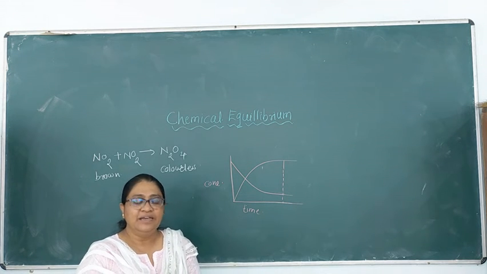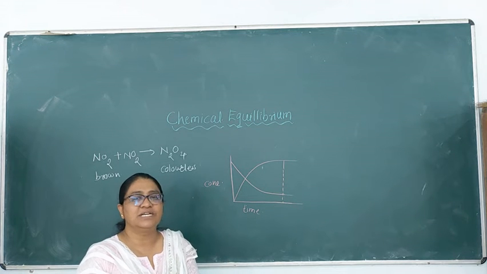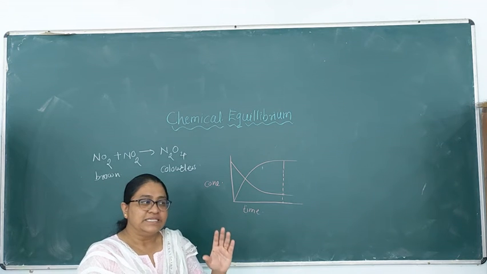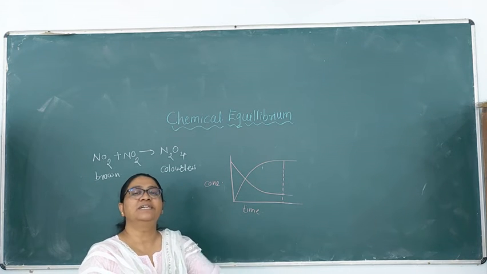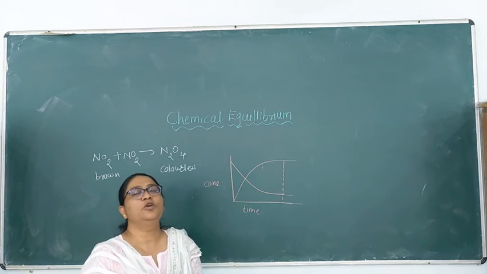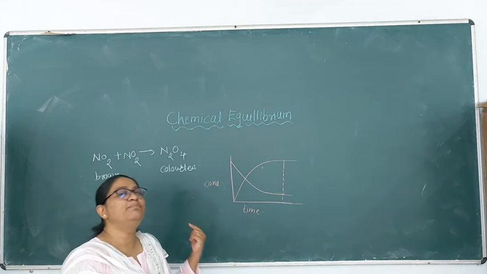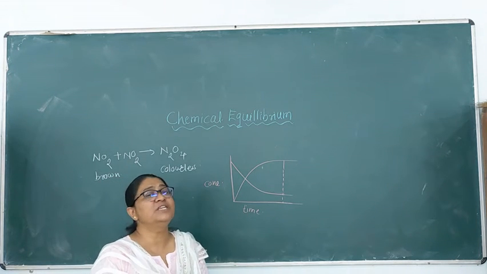It appears that after some time there is no change in the concentration, but actually some activity is still going on. The amount of reactant converted into product is equal to the amount of product converted back into the reactant. So the reaction is going on.